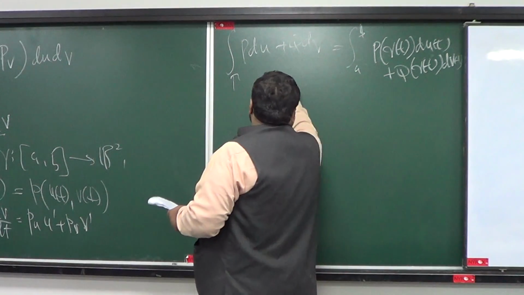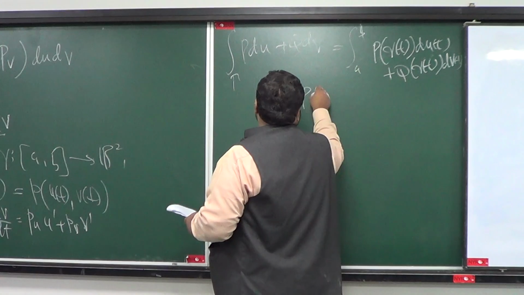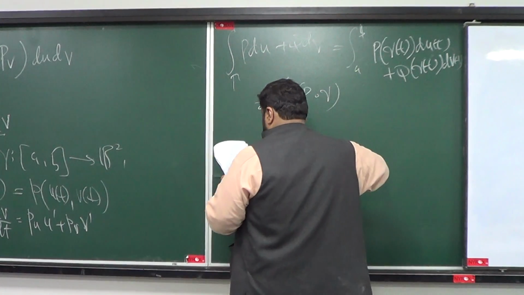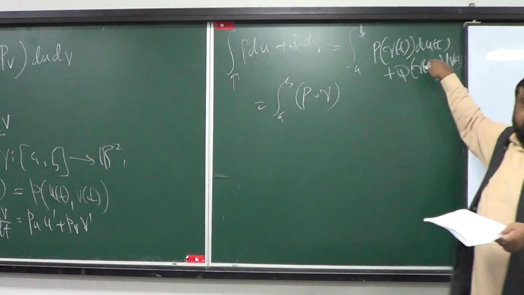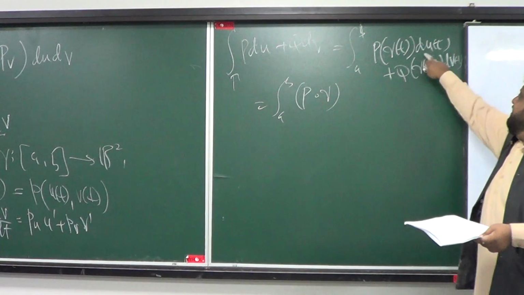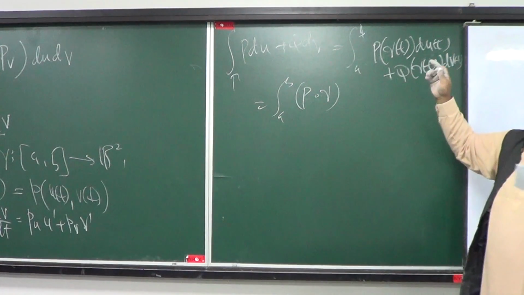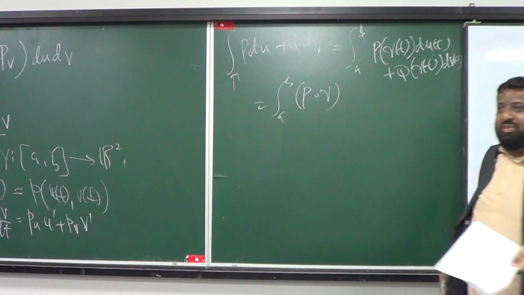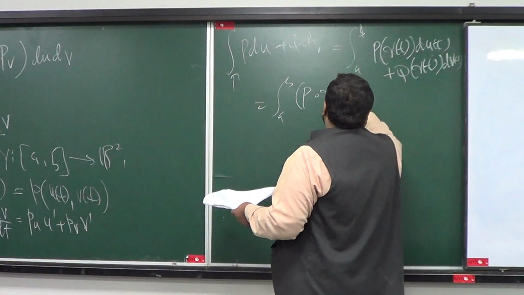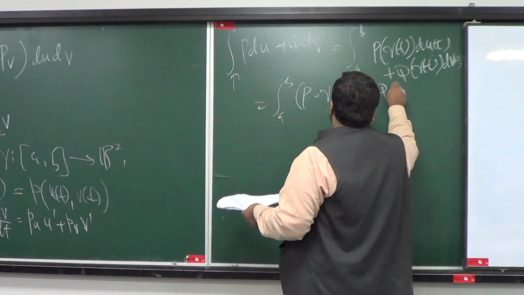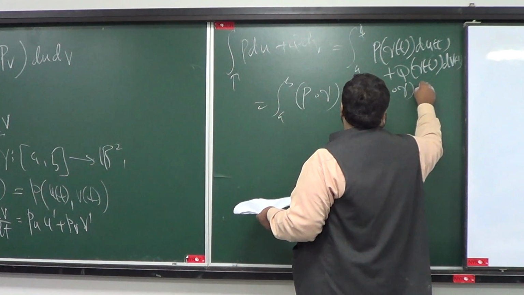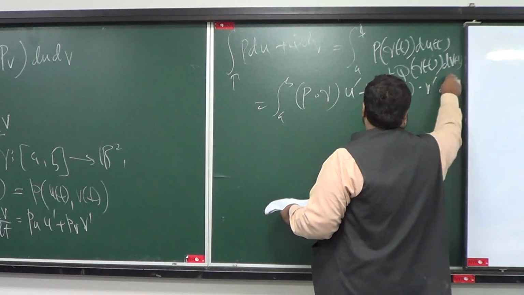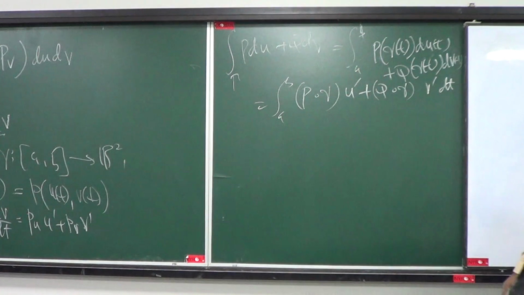But I can rewrite this as the integral from a to b of the p composition gamma, and if I differentiate with respect to t, not really dividing by dt's, but you know what I mean, you're going to have u prime plus q composition gamma of t times v prime, times dt. This is going to be the case.